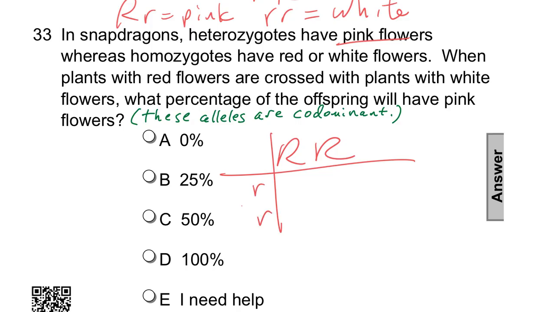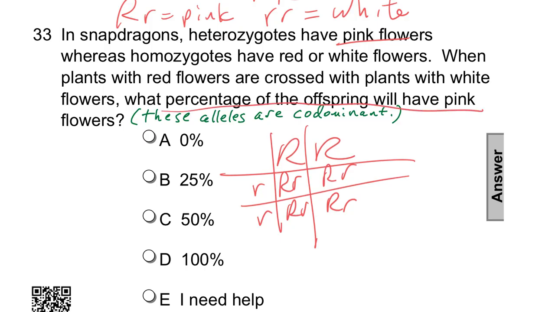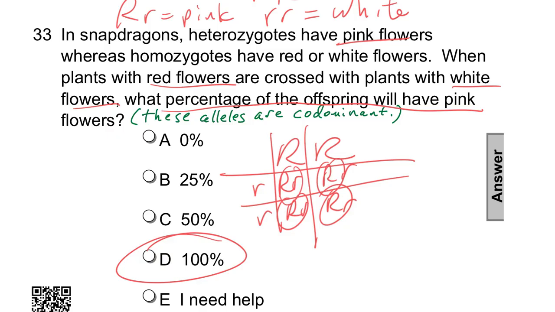Okay, so let's do a Punnett square. And you can see that it'll be 100% pink. What percentage of offspring will have pink when red is crossed with white? Okay, so 100%. 1, 2, 3, 4 out of 4 are pink.